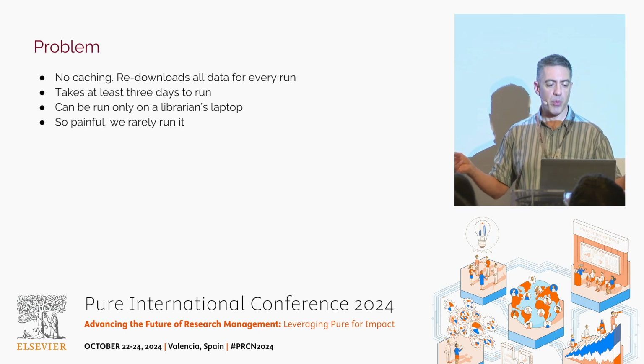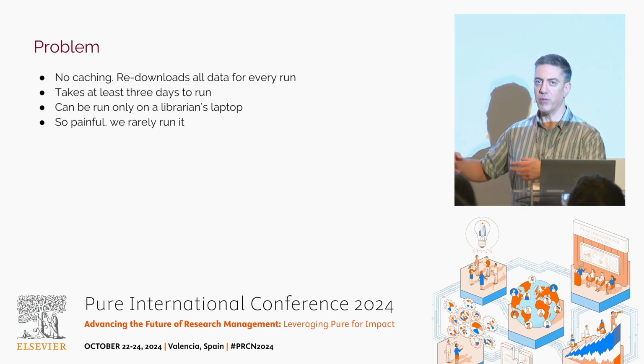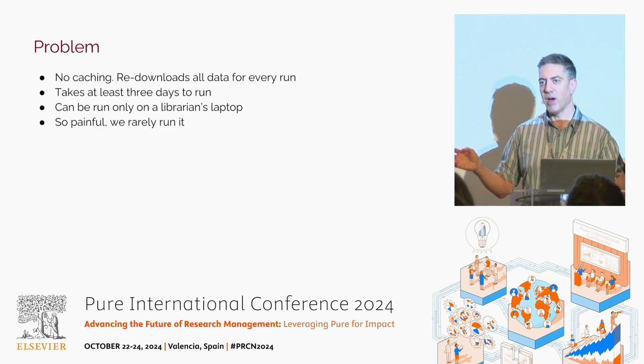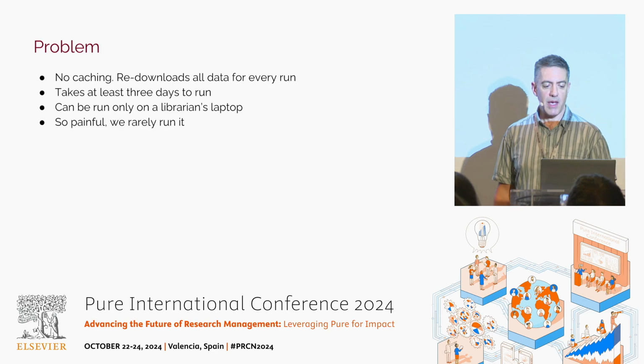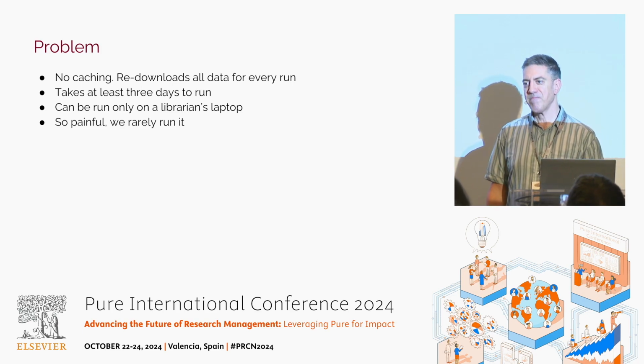This existing report doesn't do any caching at all. So when we want to update the report, it re-downloads all the data, and it's hundreds of thousands of records. Right now, it takes at least 3 days to run.